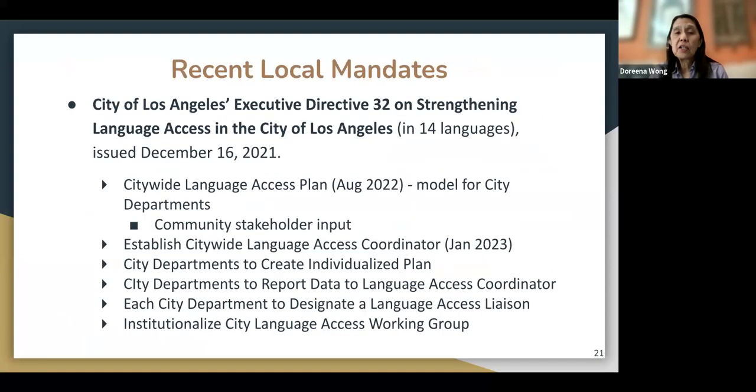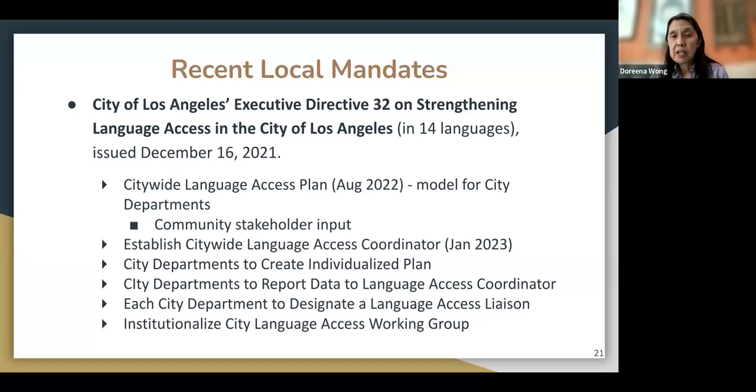And then finally, next slide, please. The recent local mandates. The city of Los Angeles also issued a citywide language access plan. As you can see, it requires each city department to have its own language access plan. The city language access coordinator, which is an agency, the Community Investment for Families Department, CIFD, oversees it. We've been working with CIFD. There's an LA Language Justice Coalition of advocates who are meeting regularly with that agency.